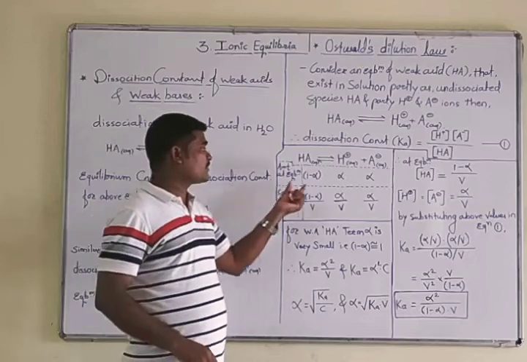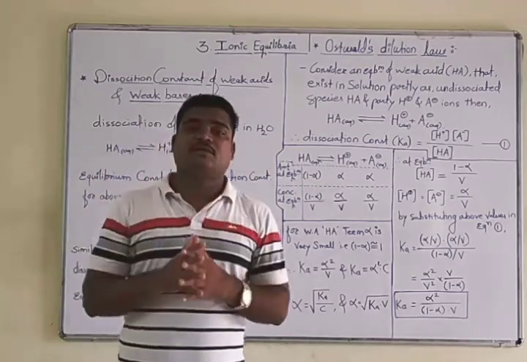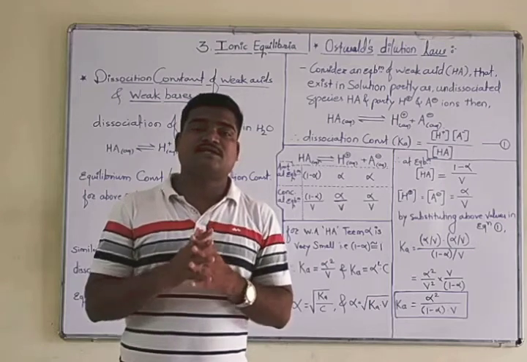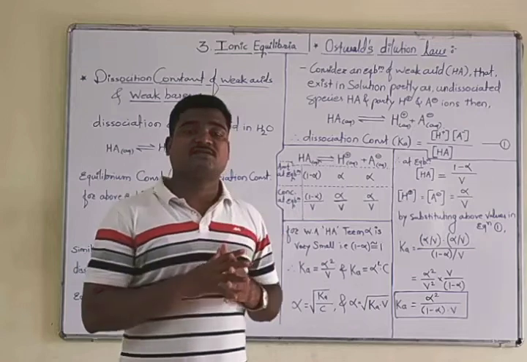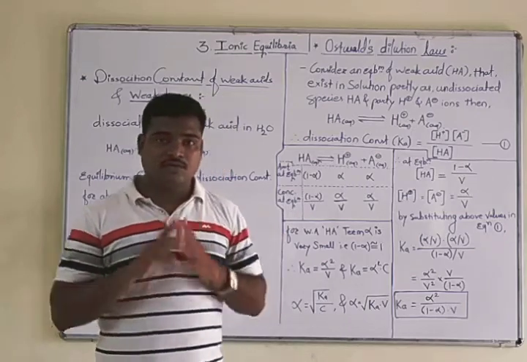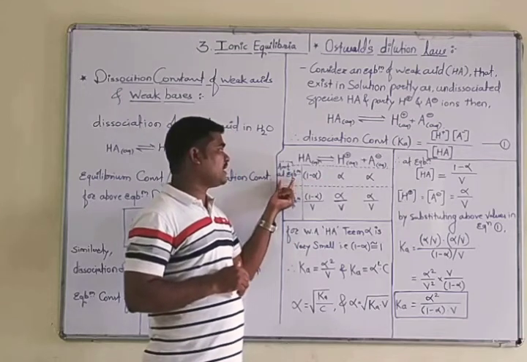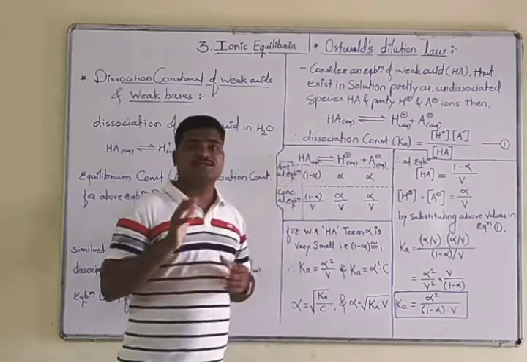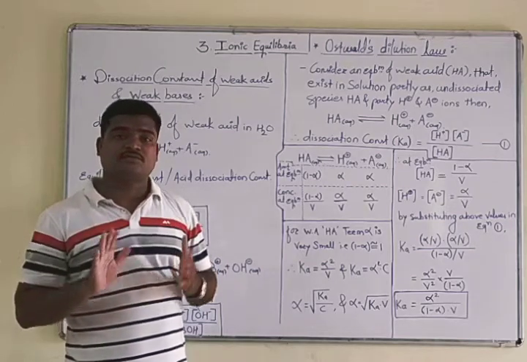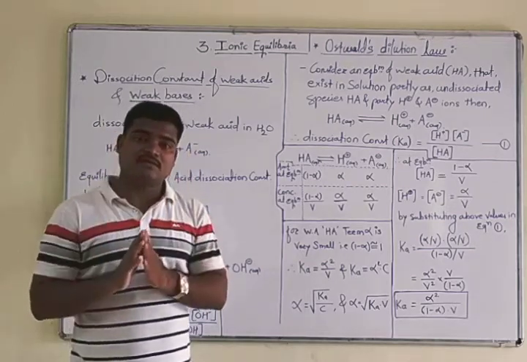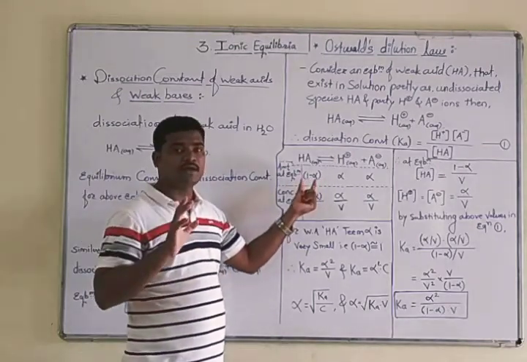It will be 1 minus alpha, because total minus how much reactant is present at the end, we can take as a subtraction from 1. So this is the fraction which remains at equilibrium, that is HA, which is not converted into product and remains as reactant, and that fraction will be 1 minus alpha. You have to keep this in mind.